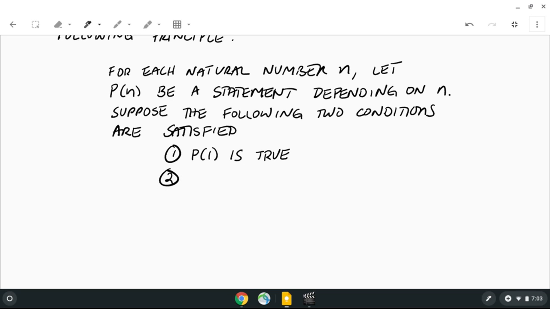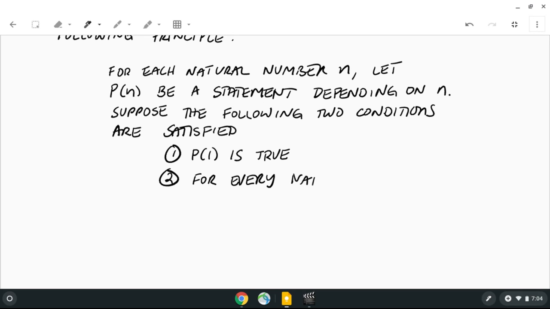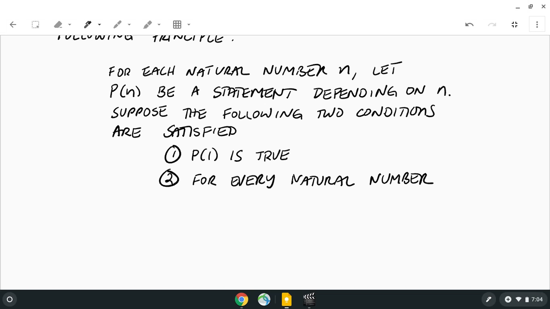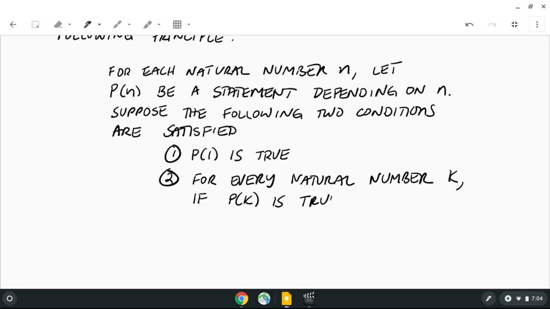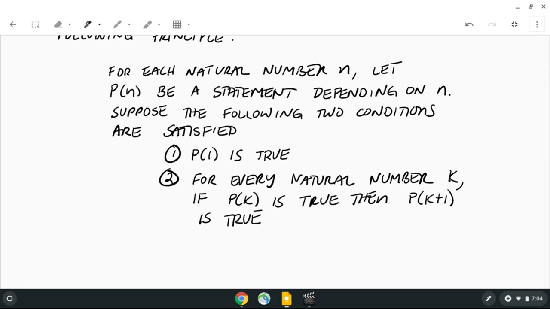Okay, and suppose that for every natural number k, if P of k is true, then P of k plus 1 is true.